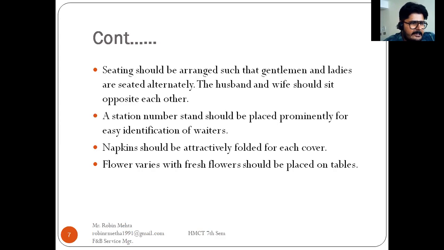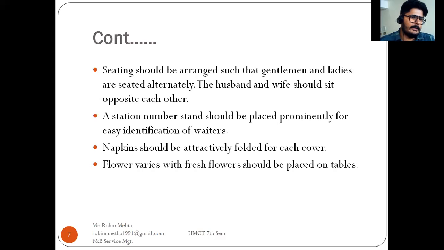Next point, a station number stand should be placed promptly for easy identification by the waiter. This is a very important and very good point. Whenever we are providing the table to our waiters, we also provide a side station with that, from where they take their crockery, cutlery, silverware and glassware.